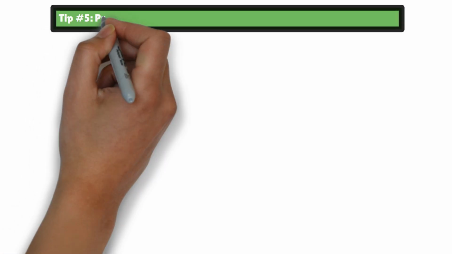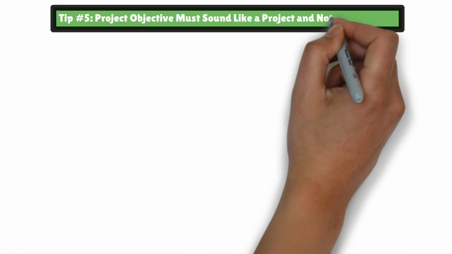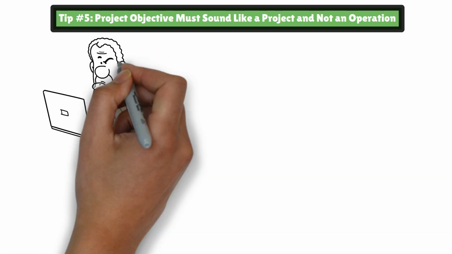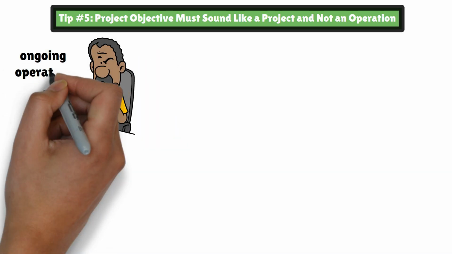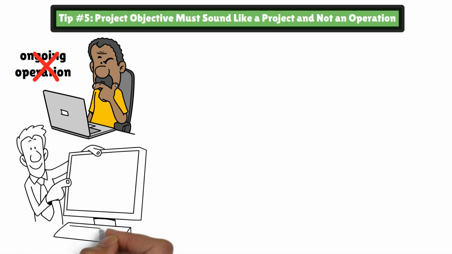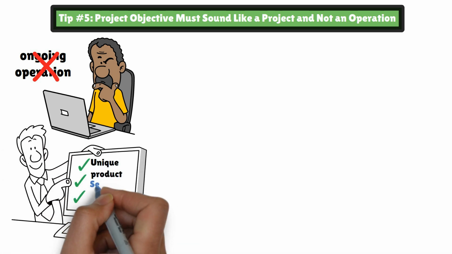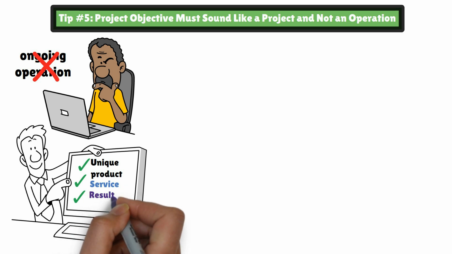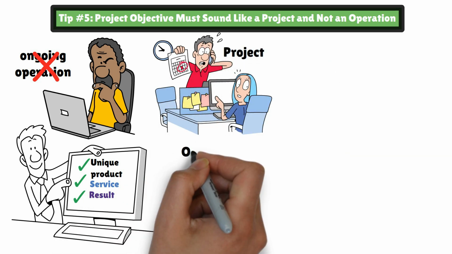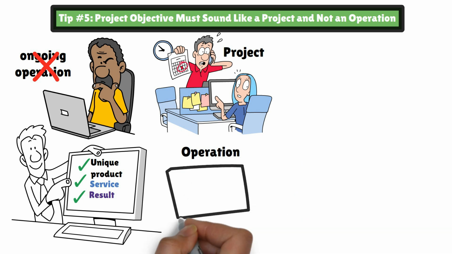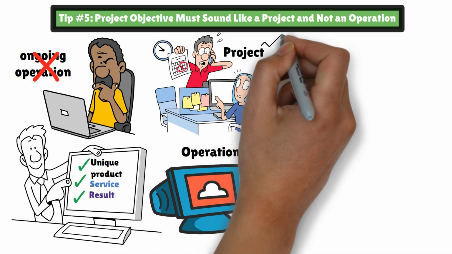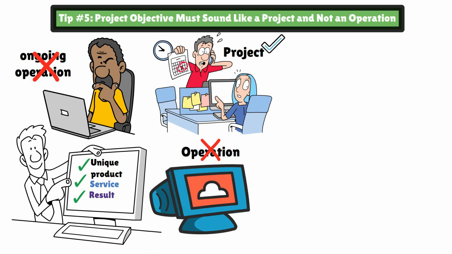Tip number 5. Project objective must sound like a project and not an operation. It is important that your project objectives clearly describe a project, not an ongoing operation. PMI defines a project as a temporary endeavor to deliver a unique product, service, or result. A project is time-bound with a unique deliverable upon completion, whereas an operation is continuous, repetitive, and administrative. You must only include projects and not operations in your PMP application.